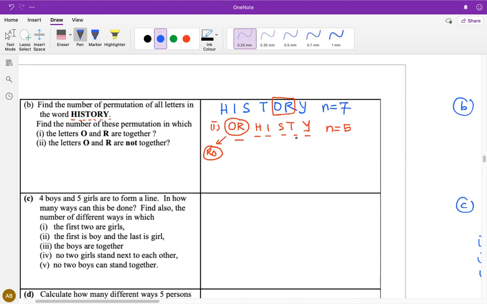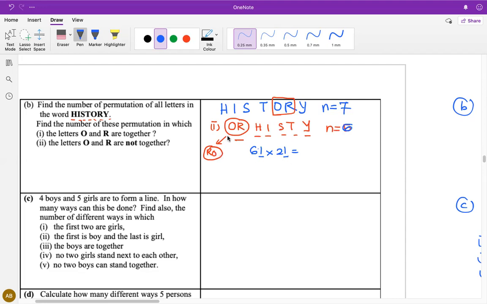All right, so now we do the permutation. It is 6 factorial times 2 factorial. 6 factorial represents H, I, S, T, Y and the OR block.